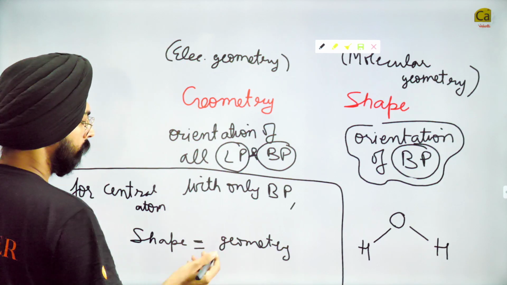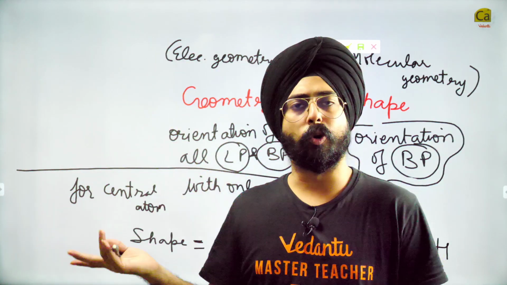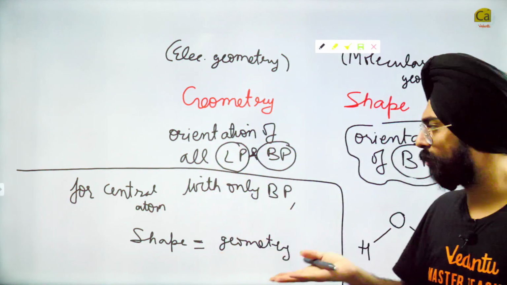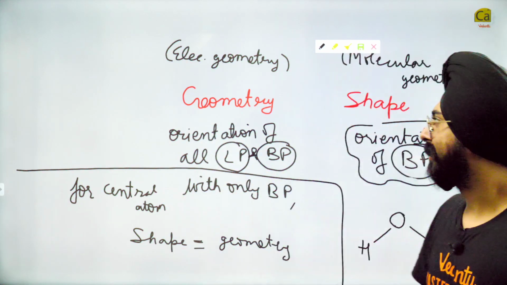Yeah, because in atoms that have only bond pairs, there are no lone pairs. So orientation of lone pairs plus bond pairs is as good as the orientation of bond pairs because there are no lone pairs. सिंपल सी बात है.